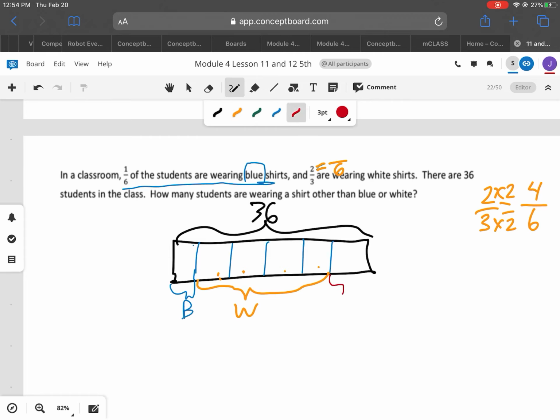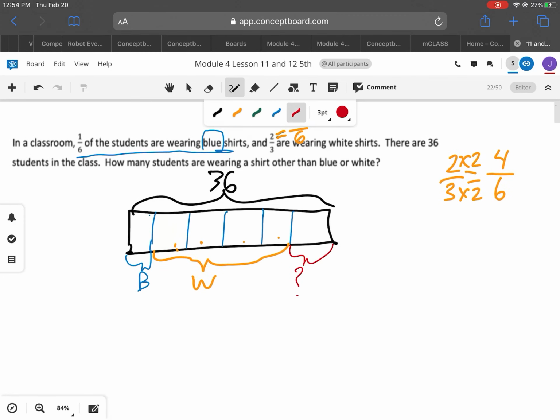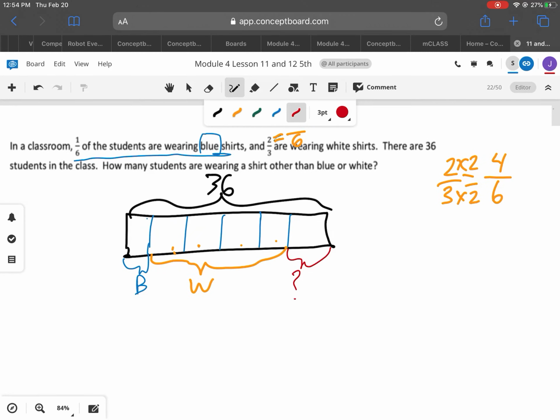Now, how many students were wearing shirts other than blue and white? That's the remainder. Okay. So if you look, I have one unit, and the units are 6s, 1/6 of 36.